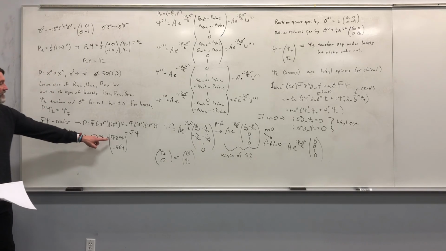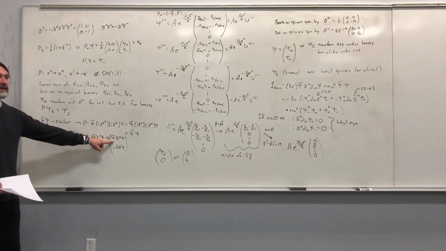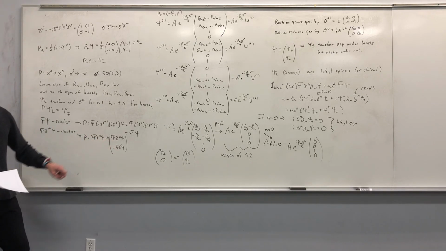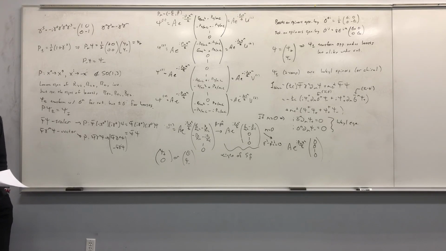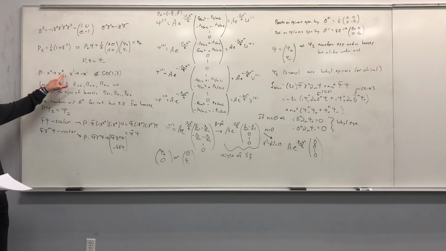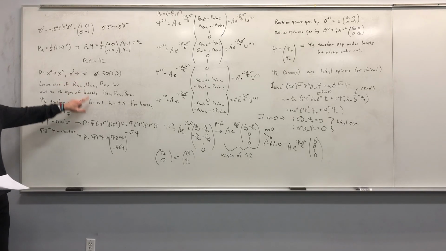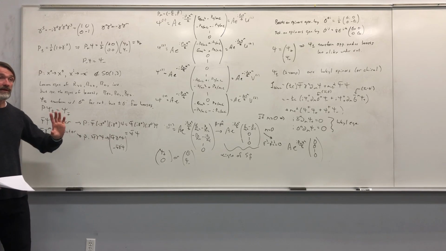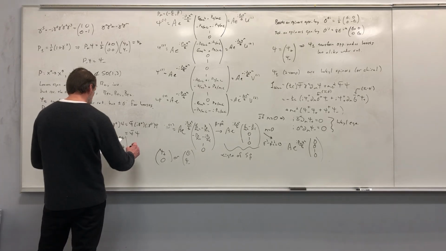That is, the time-like part of the vector remains the same, but the spatial-like part of the vector changes sign. Does that make sense? That's what happens under parity. Parity is not doing anything to the time-like piece, and it's reversing the sign of all of the spatial pieces. So that's basically going to take the spatial part of this vector and reverse it, leaving the time-like piece alone. So this is a vector.